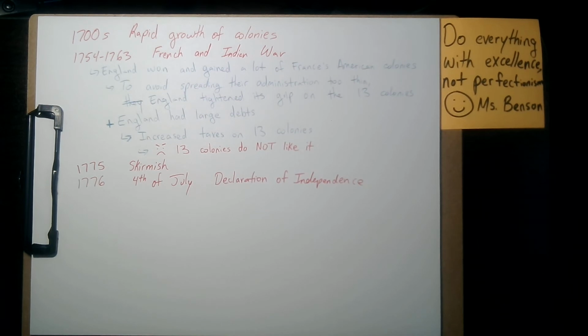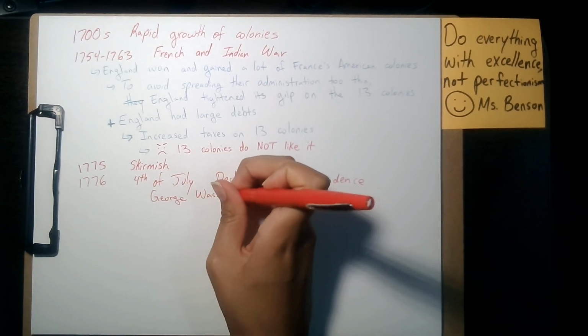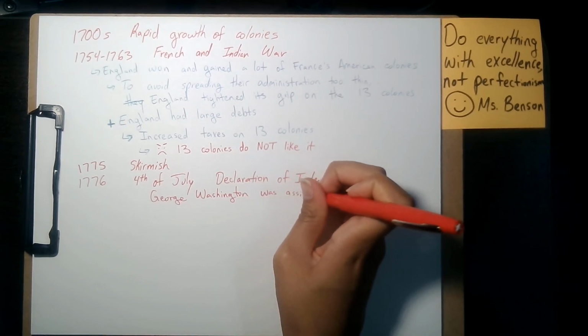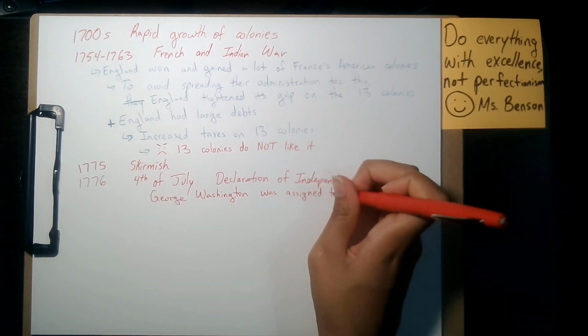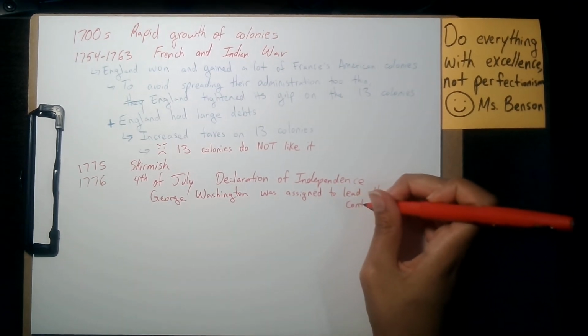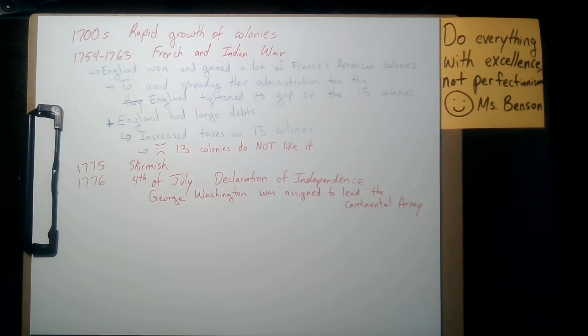So the person who headed the Continental Congress assigned George Washington to lead the Continental Army. Continent, North America, 13 colonies. So George Washington was assigned to lead the Continental Army. George Washington, he is the fellow on the $1 bill.